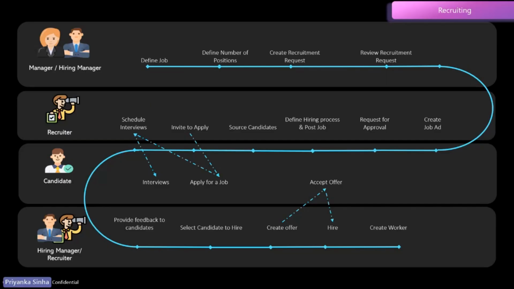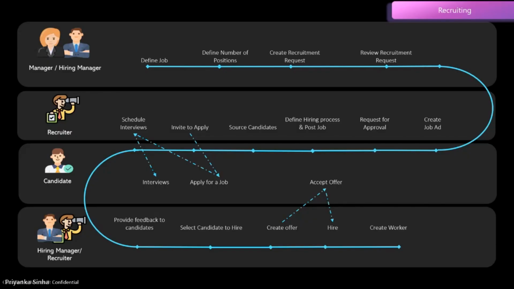Once the job is posted, candidate sourcing will start. The recruiter will have to identify and attract the potential candidates, and then the candidate will search for jobs, and apply, submitting applications for open positions.